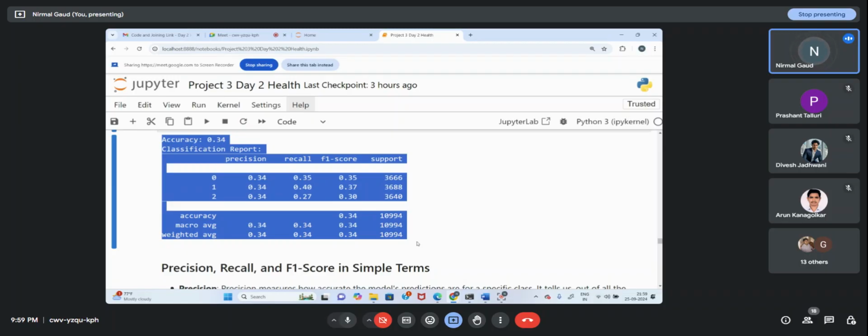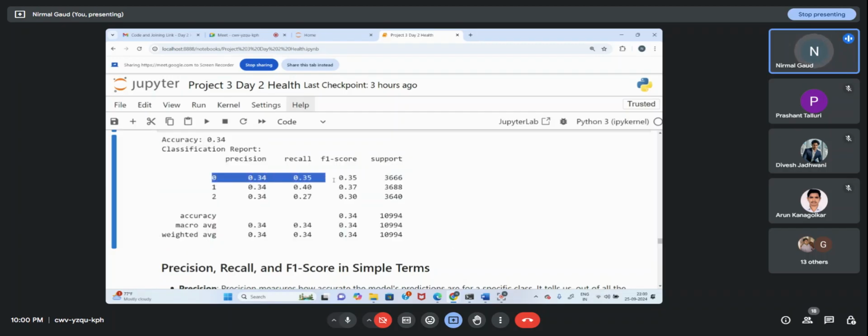This model is underfitted. Though we got balance in 0, 1, and 2, the accuracy is 34% only. Even if we say the data is hypothetically created, in our day to day life we may get data like this, and even after so much discussion, accuracy we are not getting high. It's only 34%.